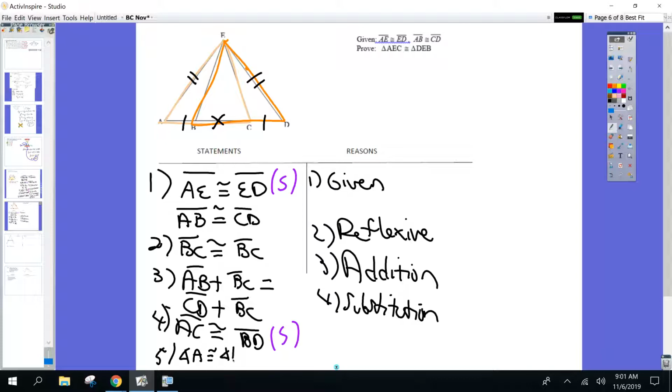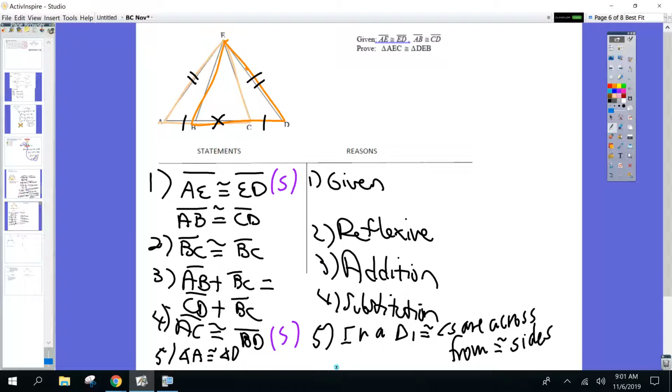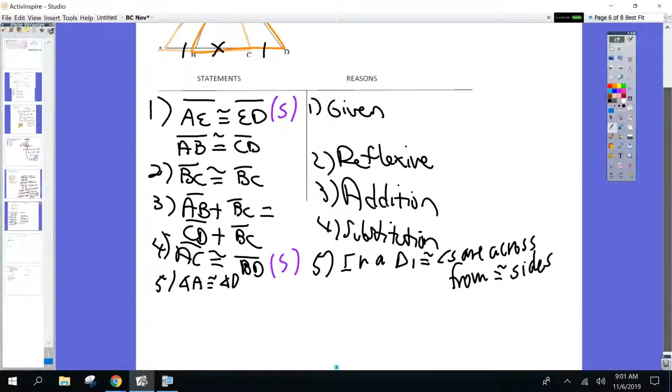If some of you are wondering how, well, what type of triangle is AED? Isosceles. Not only are those two sides congruent, but the angles across. So in a triangle, congruent angles are across from congruent sides. And that gives me my pair of angles, which are in between.